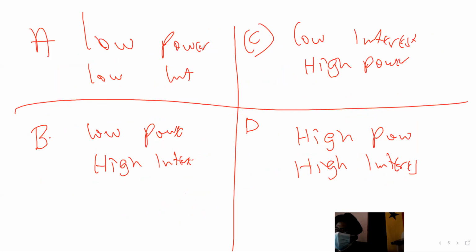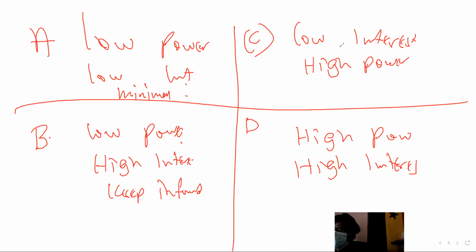So here, if the power is low, interest is also low, then minimal effort. Then I'm on B. If the power is low but the interest is high, then you keep informed. Because those people, they need information. Interest is high, power is low.